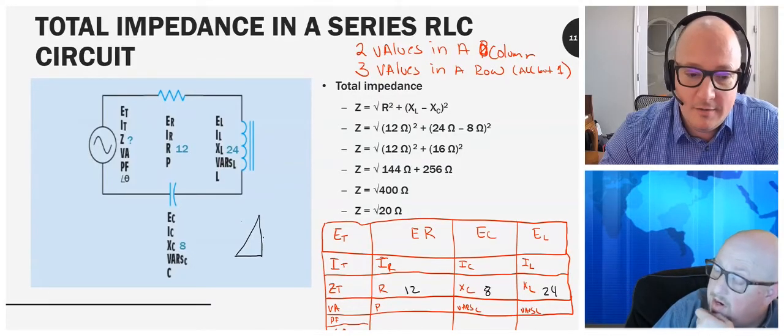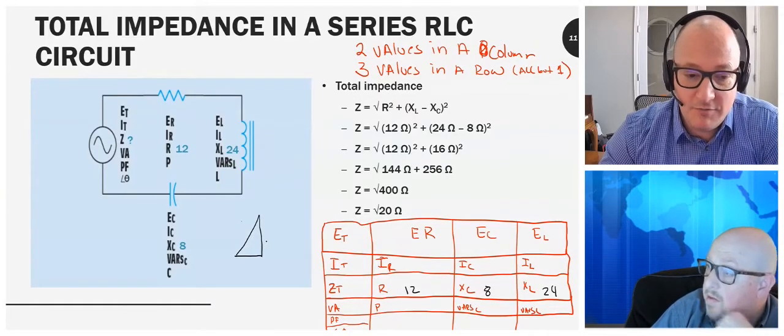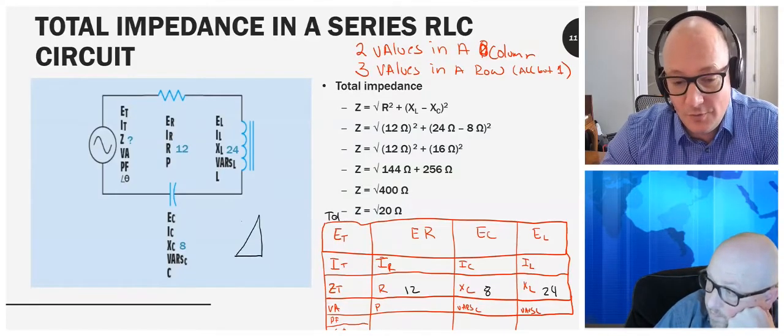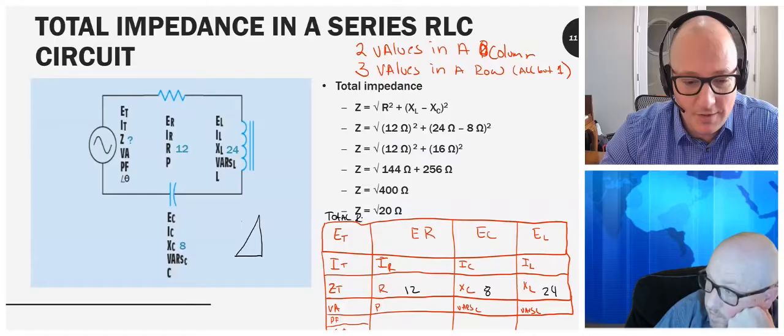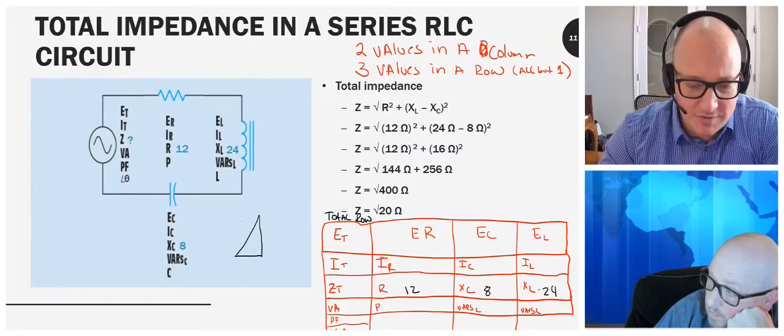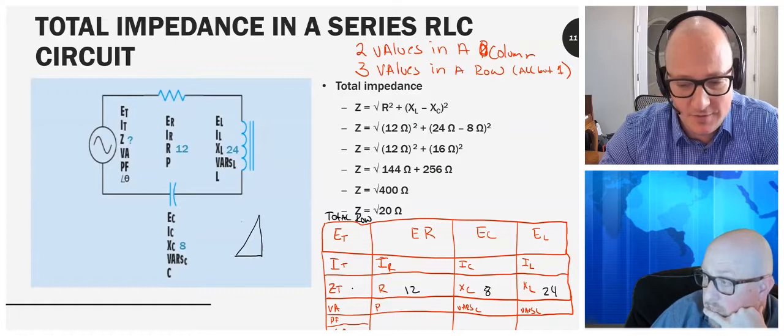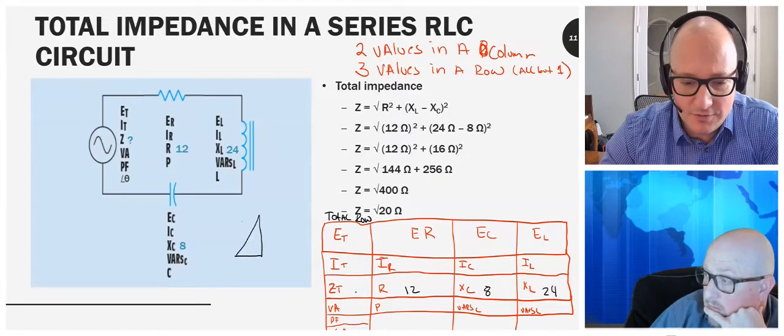So every total. The only row we can solve for, because we've got all values but one, is the total opposition to current flow in the AC circuit, which is the impedance. So how do those resistive and reactive components add together?